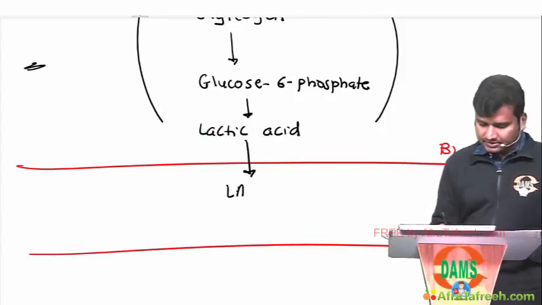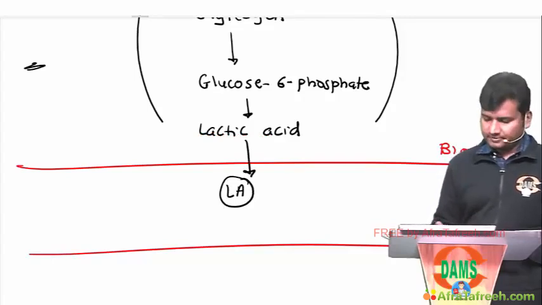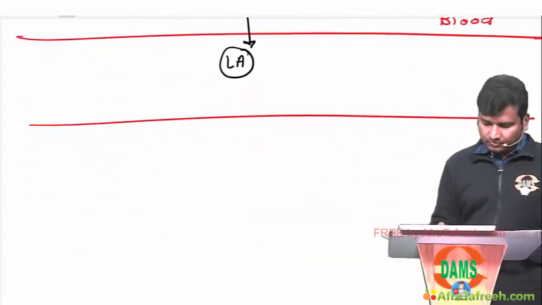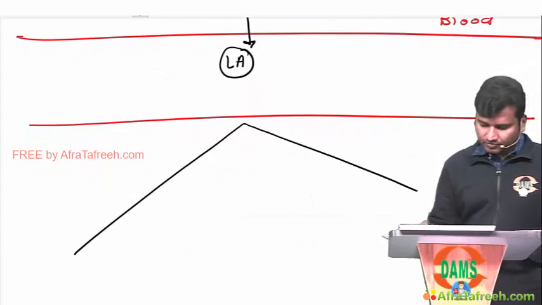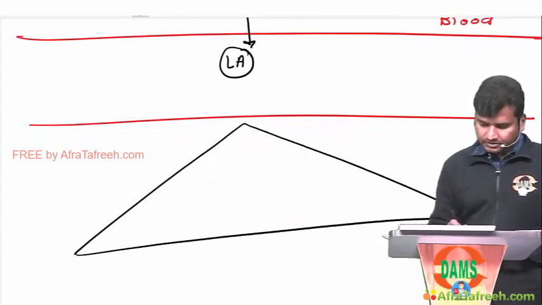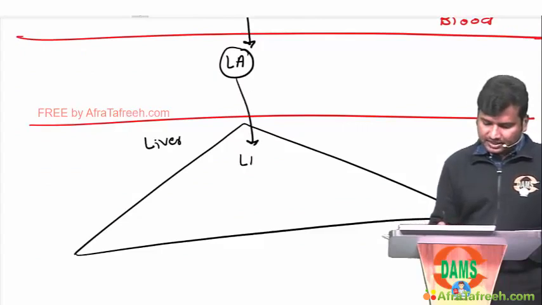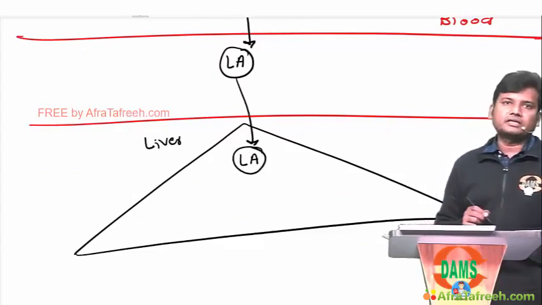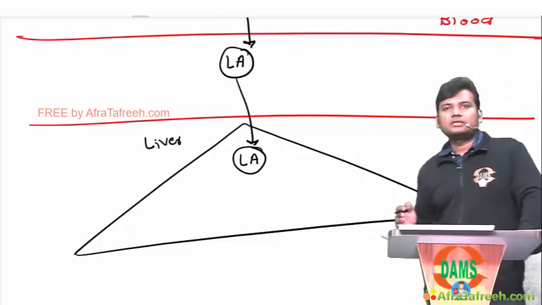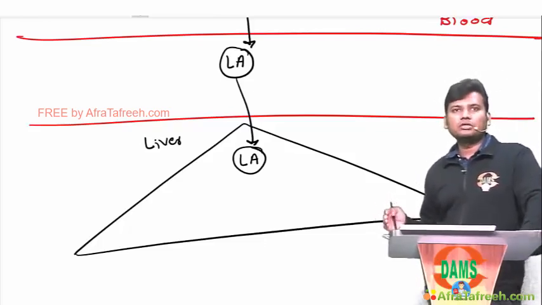So lactic acid will enter the blood. Now lactic acid from blood will go towards the liver. This lactic acid will enter the liver, and our liver is stimulated for gluconeogenesis.